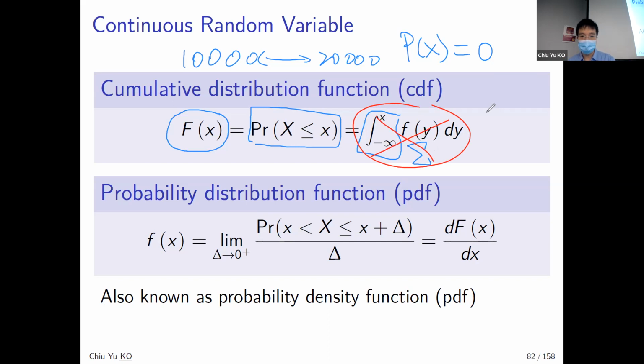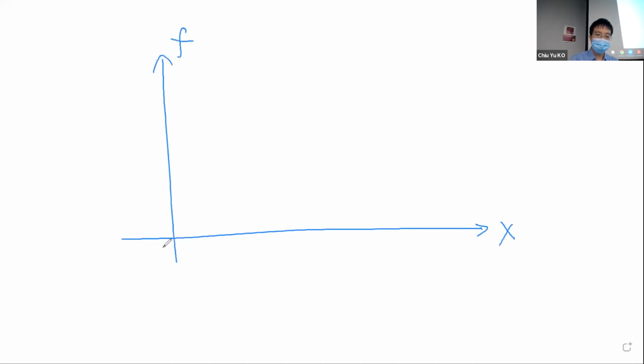So what this F means is the following. X is here. Of course, this is small f. This is 0, and there might be some number here.